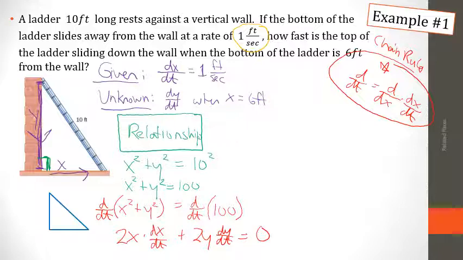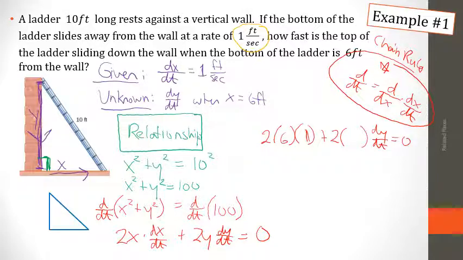Okay, now we need to plug in our values. So we have 2 times x, which is 6, times dx/dt, which is 1, plus 2 times y, dy/dt equals 0. What is y?